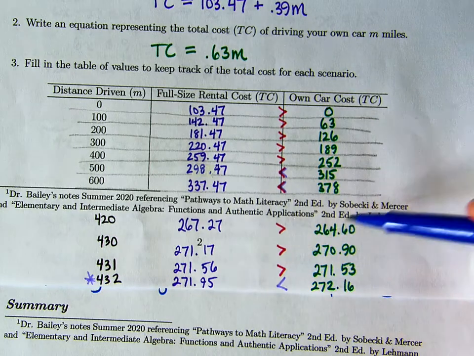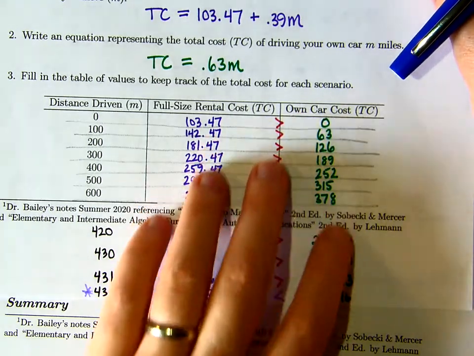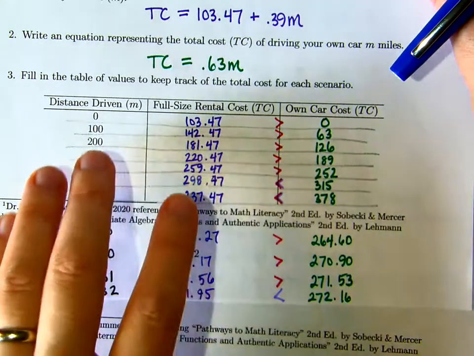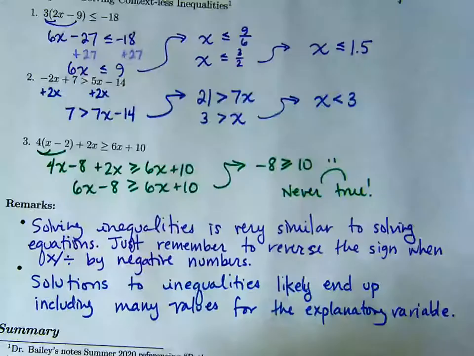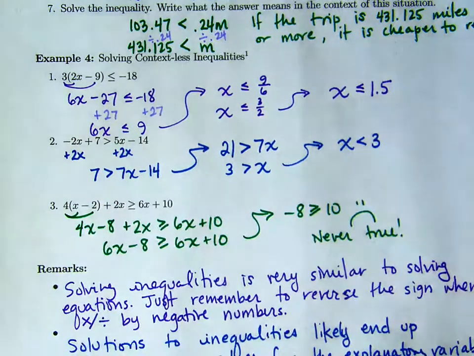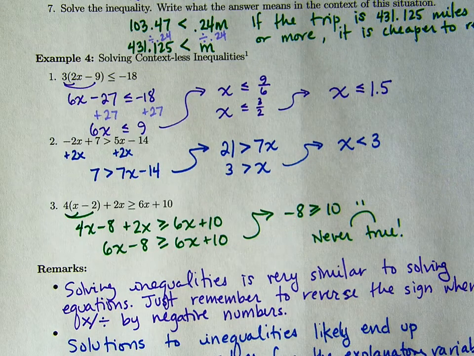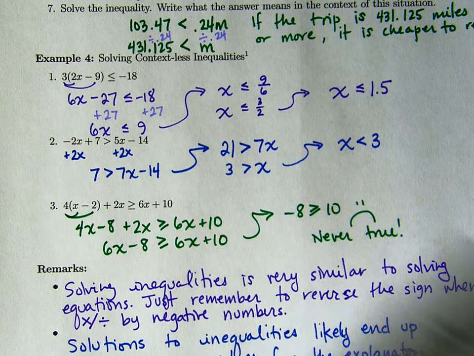So it is possible for these inequalities to be true for many different values of the explanatory variable. In this situation it was miles. In this situation it was x because it didn't have a context. But still, I just wanted to put that out there, that is one difference between solving equations and inequalities.